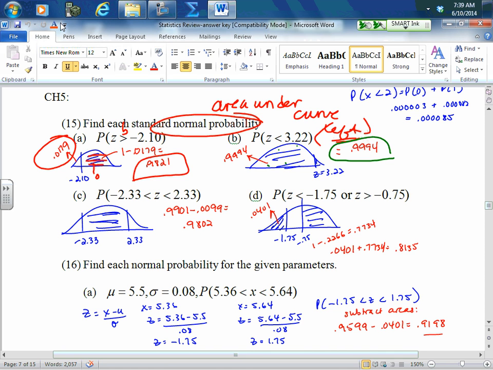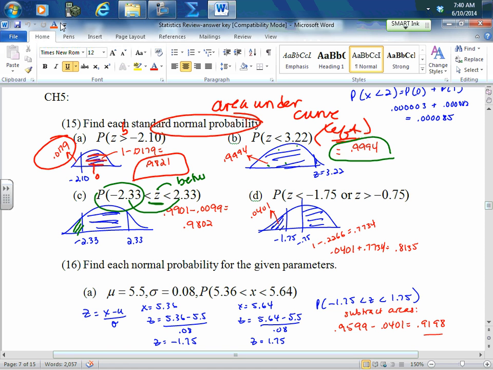The area in between two z-scores says take your z-scores, find your areas, and subtract them. This is the in-between. It falls exactly, z is between these two. What happens when you do this is when you look up negative 2.33, you get this area.